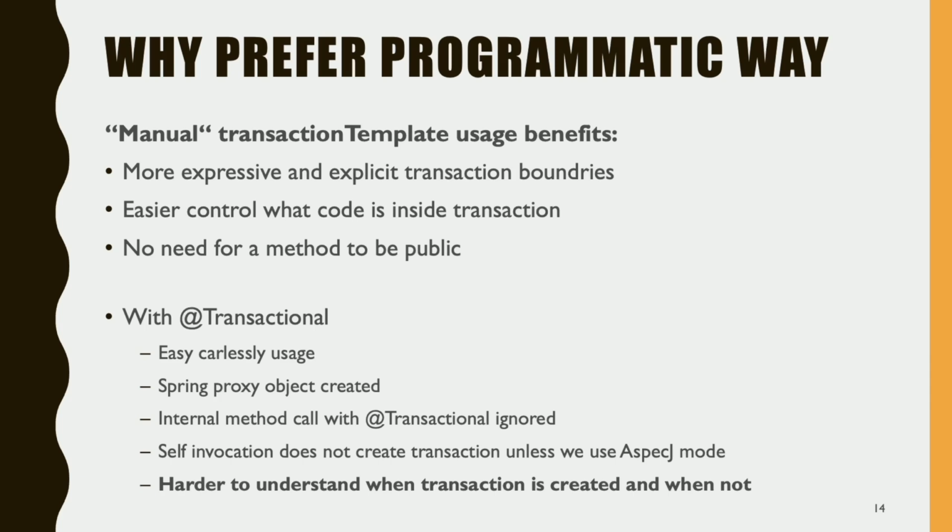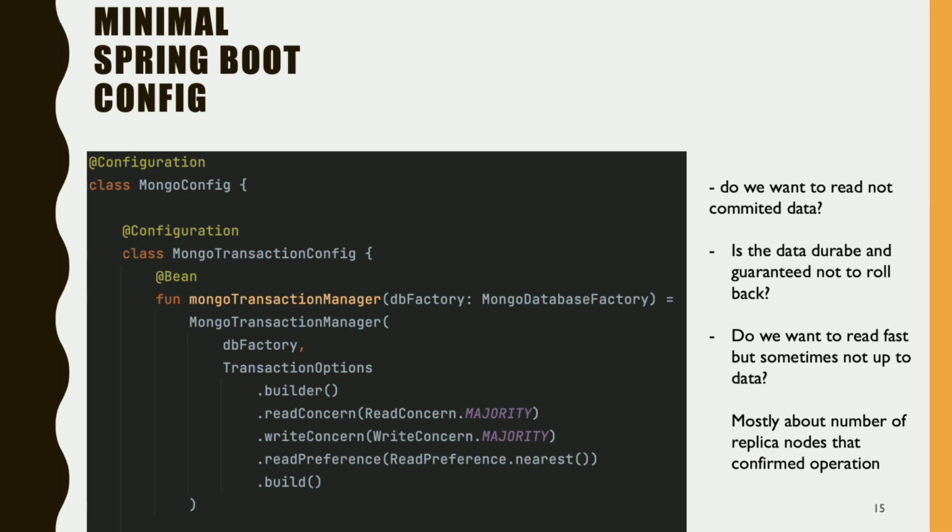Only the top-level method will be taken into account and the other will be ignored. Also, self-invocation of a method with transactional works only with some specific mode or some other magical Spring Boot setting. So it's usually harder to understand when a transaction is created, when not, how it actually works, and people can make more errors and mistakes because of this.